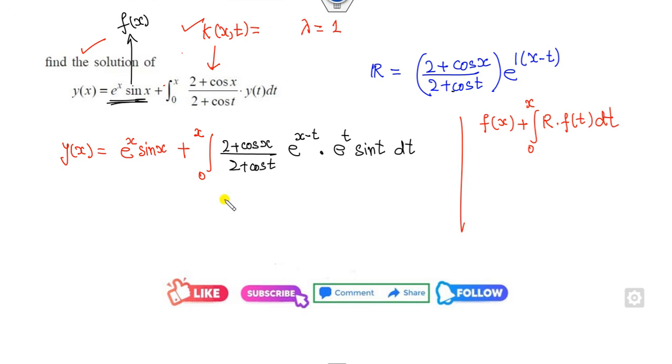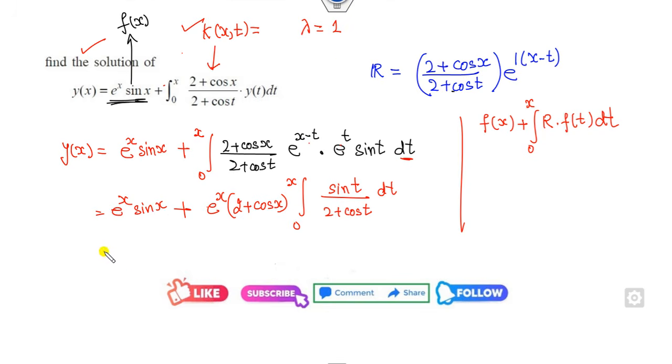Fine. Now you can see I have to integrate with respect to t. So e raised to power x common, 2 plus cos x is common. The inside term is 0 to x. This will be cancelled out. So that is sine of t divided by 2 plus cos of t. It is e raised to power x sine x. Fine. So what is the answer of this?